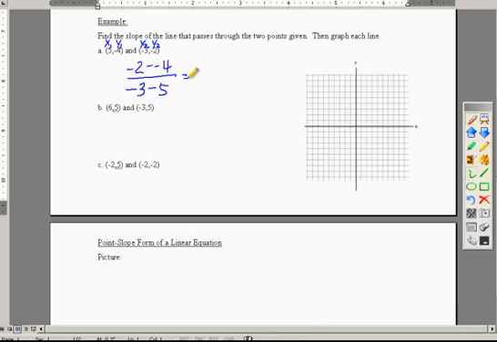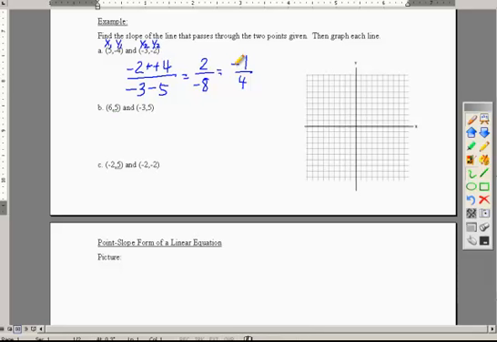Well, subtracting a negative is the same thing as adding a positive, and so this is 2. -3 minus 5 is -8, and we always reduce fractions. You get -1/4. Now you will notice I moved the negative from the bottom to the top, and it doesn't necessarily matter where the negative is, as long as it's in one of the positions. I will tell you personally though, I always put my negative on top.